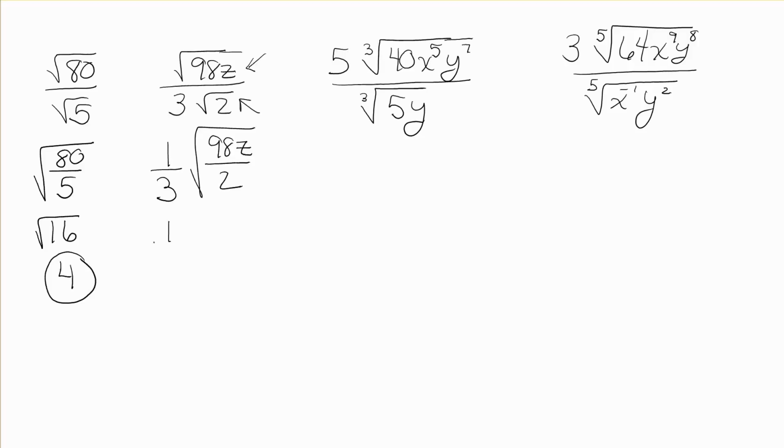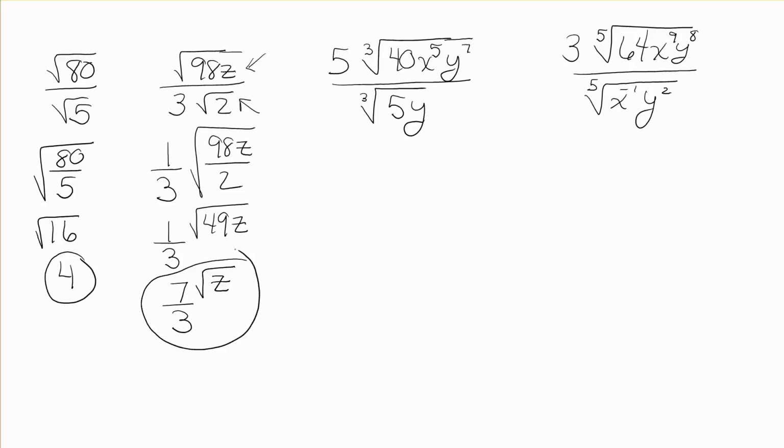I know that 2 goes into 98 49 times. And I have a perfect square in 49. So I am going to get 7/3 times the square root of z. Okay, final answer right here.